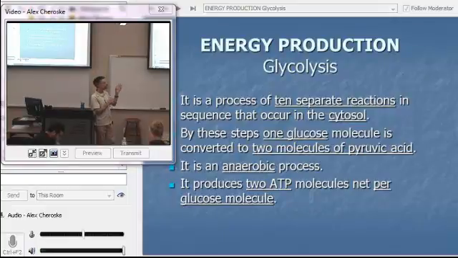A lot of those chemical reactions have to do with the production of ATP, okay? Because ATP is the energy molecule that allows a lot of other activities in the cell to occur. So what we're going to look at here are different ways that a cell can produce ATP. In essence, it's a three-step process.